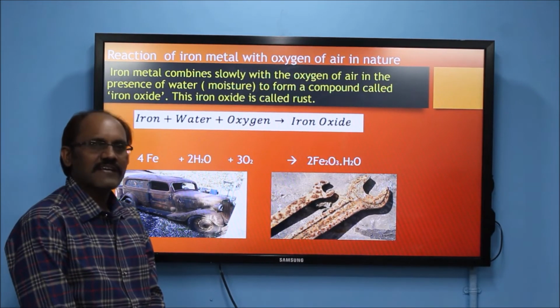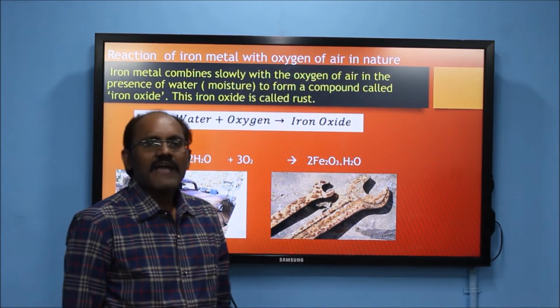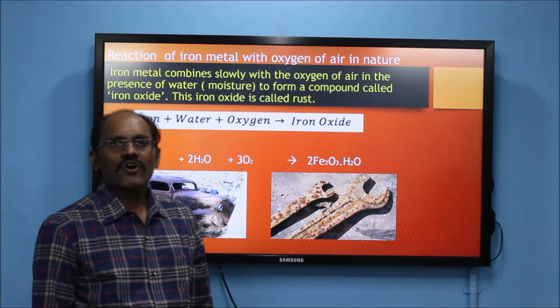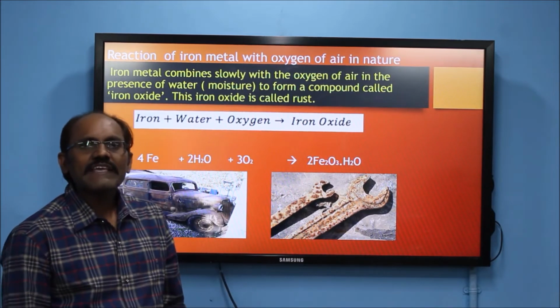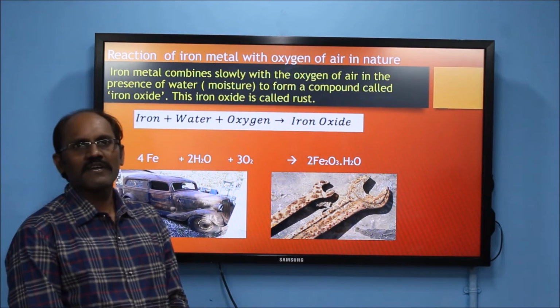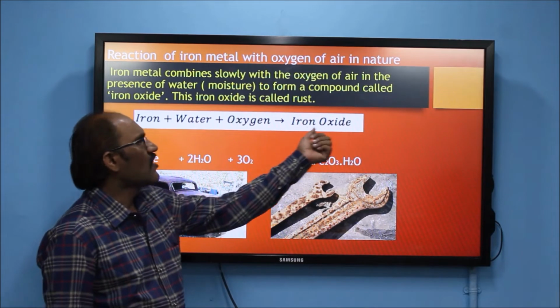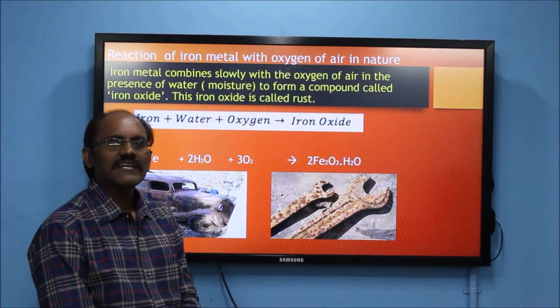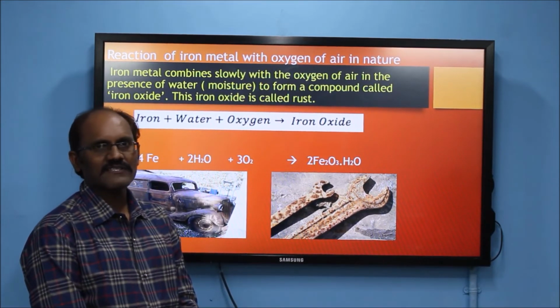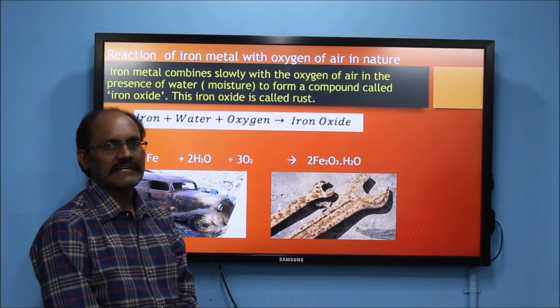When iron objects are kept in open places for a long time, the iron metal present in the objects slowly reacts with atmospheric oxygen gas and water vapor and changes into iron oxide. Iron oxide is also a metal oxide, and we generally call iron oxide as rust.